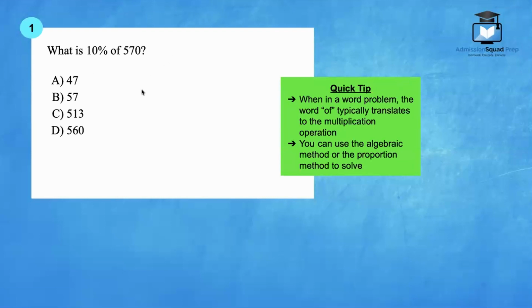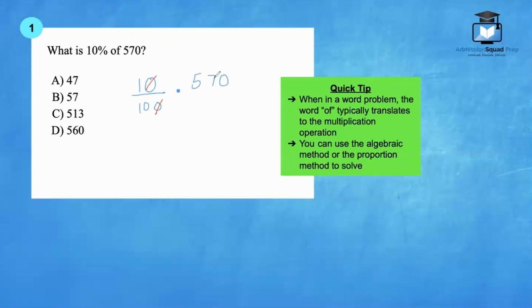We have what is 10%? 10% can translate into the fraction 10 over 100, and "of" translates to multiplication. So 10 over 100 times 570. Let's cancel out the zeros that we don't need. 10 over 100 will simplify to 1/10 because we can divide both the numerator and denominator by 10.